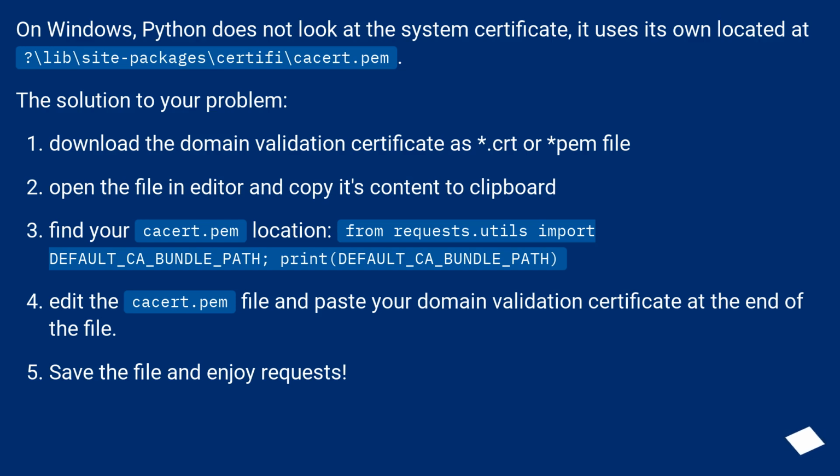Find your cacert.pem location: from requests.utils import DEFAULT_CA_BUNDLE_PATH, print DEFAULT_CA_BUNDLE_PATH. Edit the cacert.pem file and paste your domain validation certificate at the end of the file. Save the file and enjoy requests.